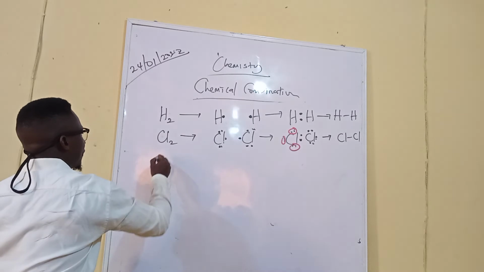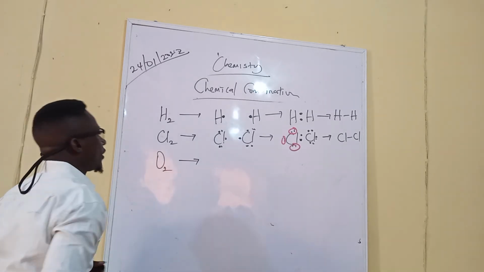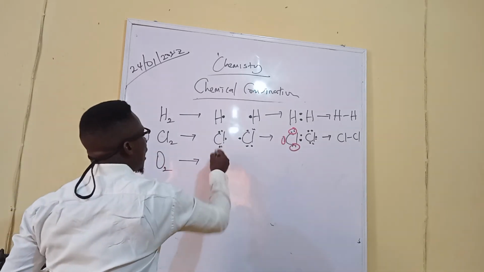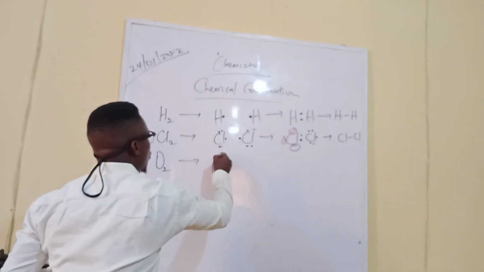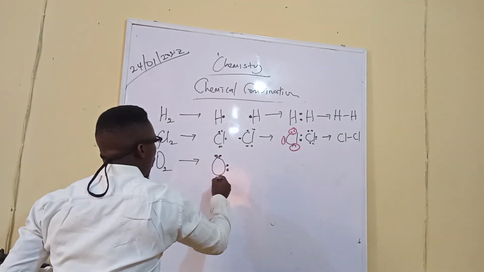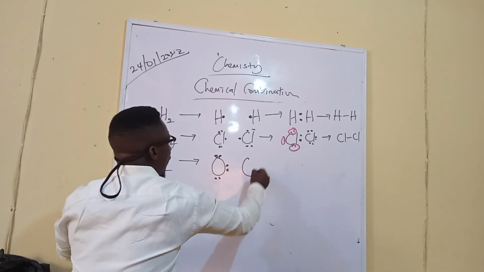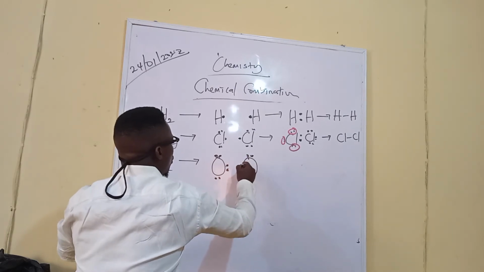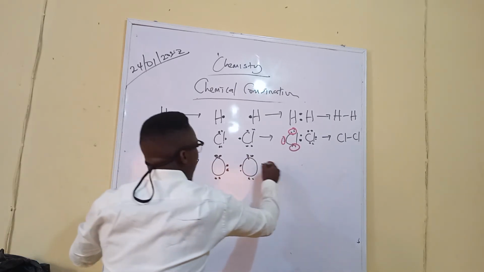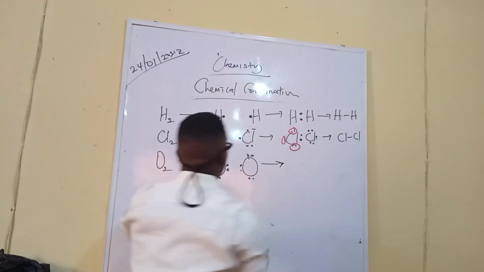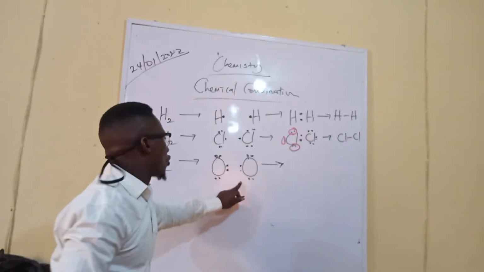Now let's talk about another one. We have oxygen. The Lewis dot diagram of oxygen is 2, 2, and 2, and then you also have another one here, 2, 2, and 2. When they bond together, this one will donate 2, this one will also donate 2.